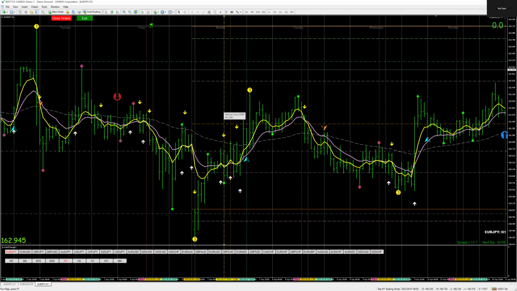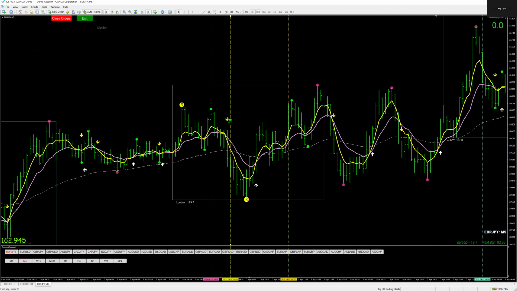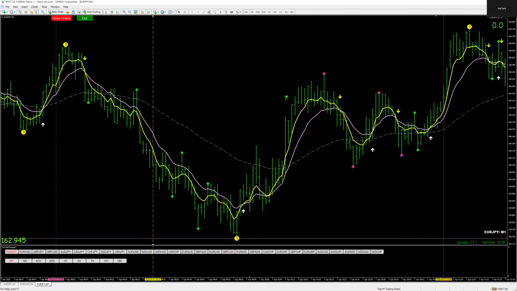And we look at the 15. Let's see if we can get an entry. The 15 entries here, 5 already happened, and 1, no entry, right? You could try this entry and take what you can.